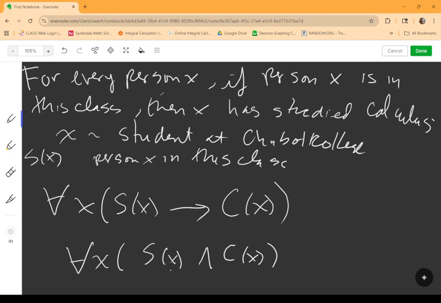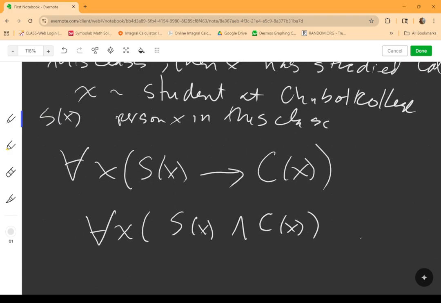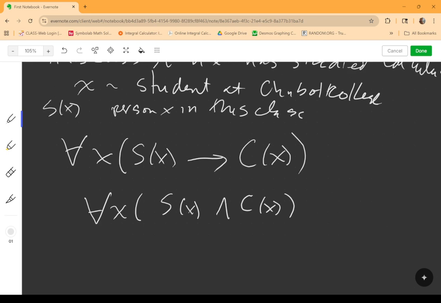If that were the case, all students are in this class and have studied calculus, which you know to be false. So again, keep in mind that the order and which logical connective we use is very important. We have to be very rigorous in our language.